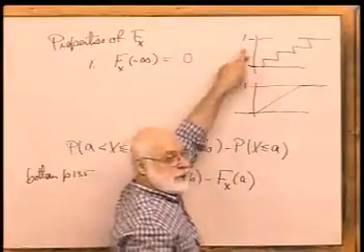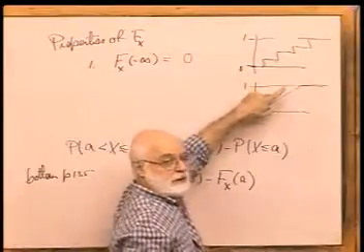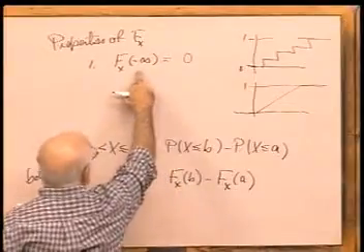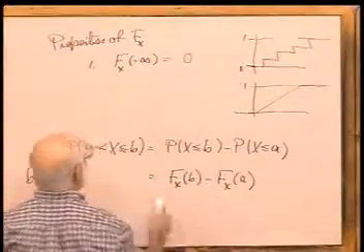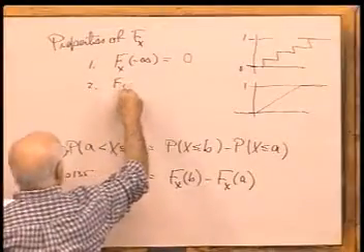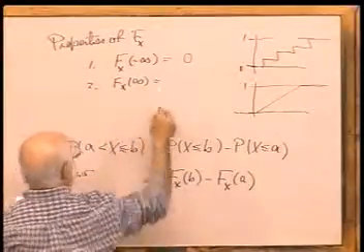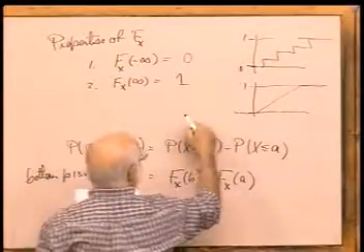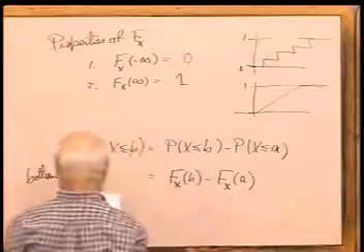Discrete is always a step function, and continuous is not a step function. Okay, so in either case, F of minus infinity must be 0. Okay, so what about F of plus infinity? It's 1. So the function always starts at 0, ends at 1.